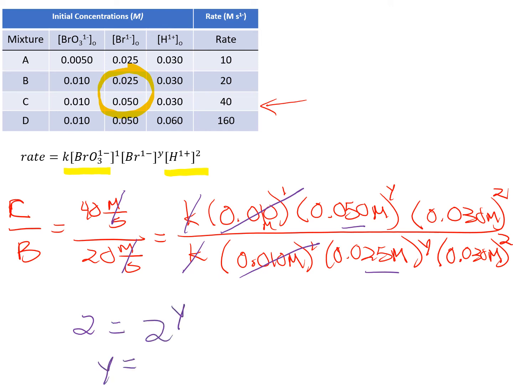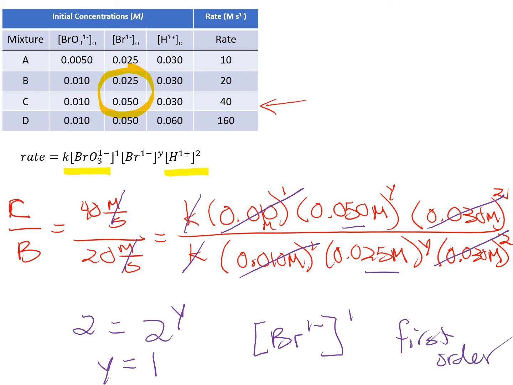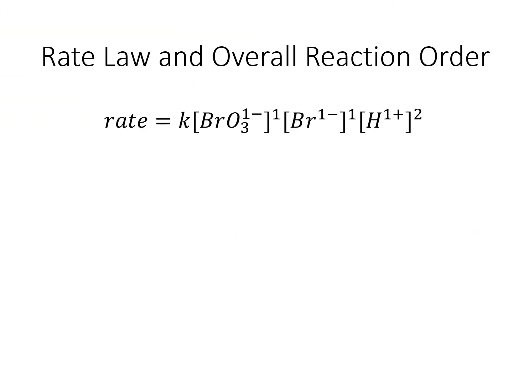Again, Y is 1. We'll come back to that in a moment. And our 0.03 squared will cancel. So since Y is 1, we know the order with respect to the bromide ion is first order. So your next step is just to write the rate law with all the exponents in, and I've included the ones.